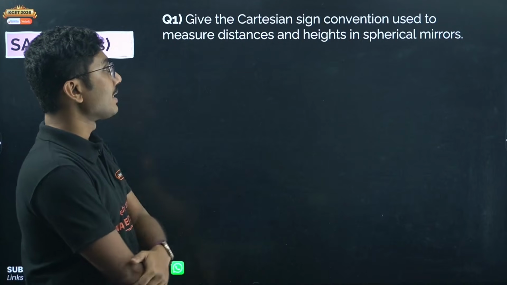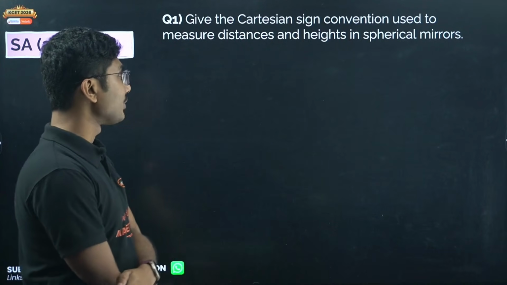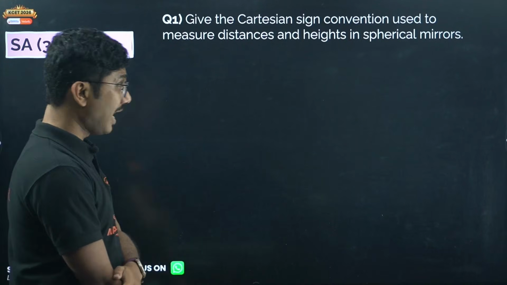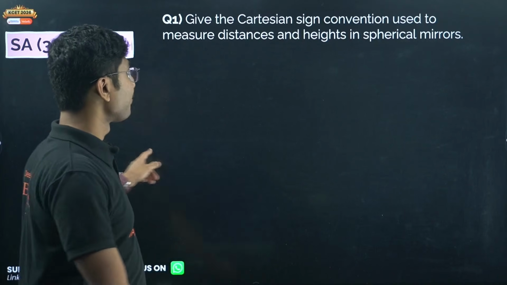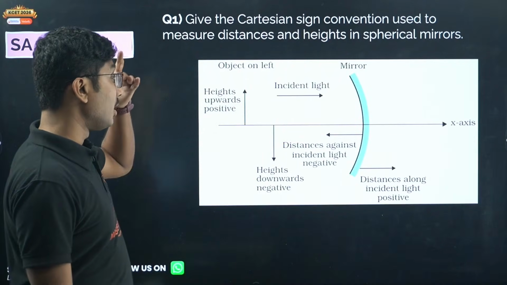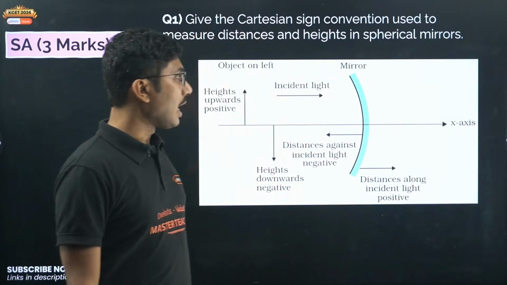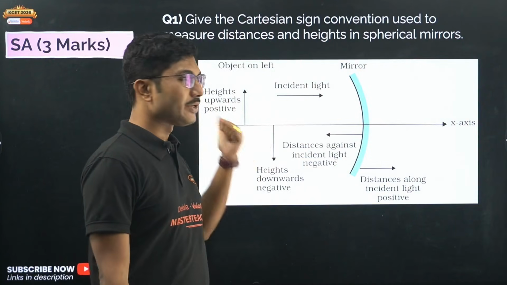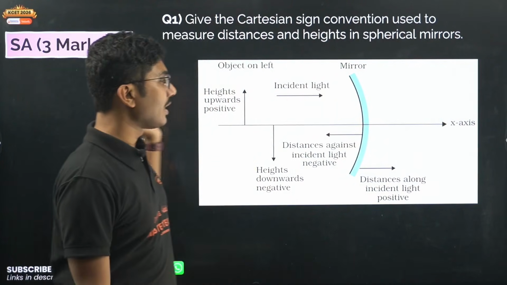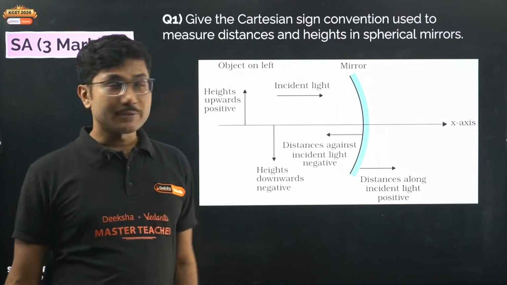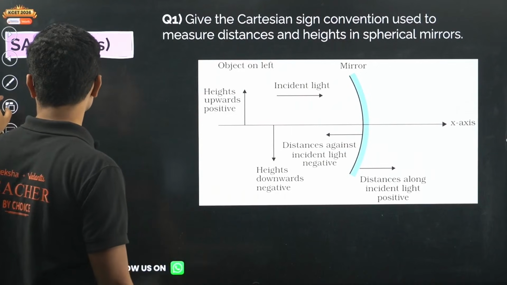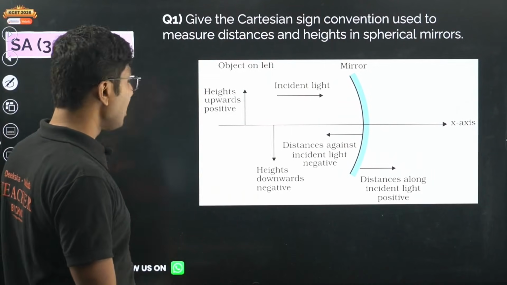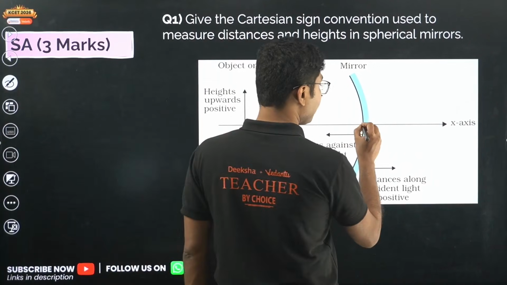Now, give the Cartesian sign convention used to measure distances and heights in spherical mirrors. First of all, for spherical mirrors, anything on the left hand side is negative and anything on the right hand side is positive. You have to draw the diagram for this question, but only drawing the diagram is not sufficient.